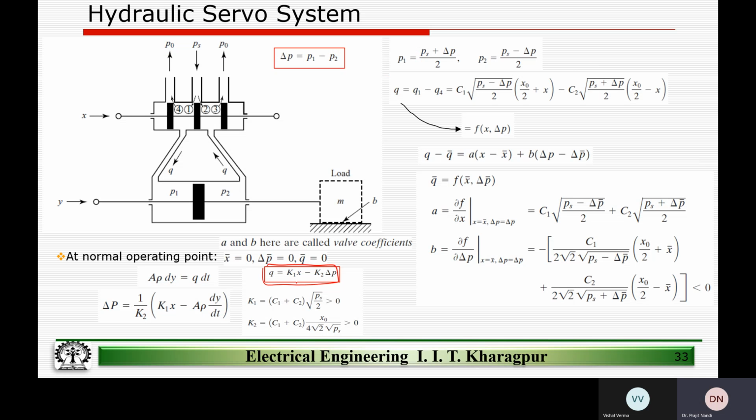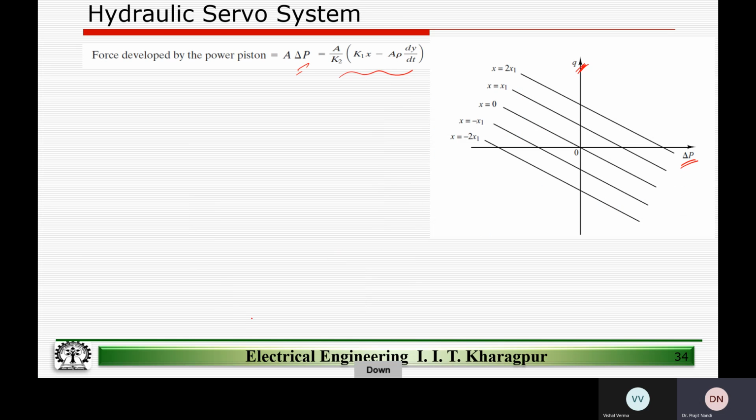So for different X, let's say X equal to 2x1, X equal to x1, I get, if I plot this force, right?